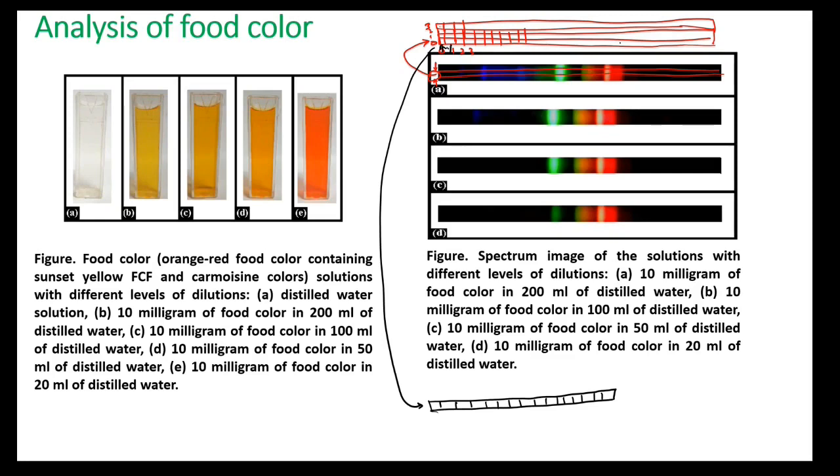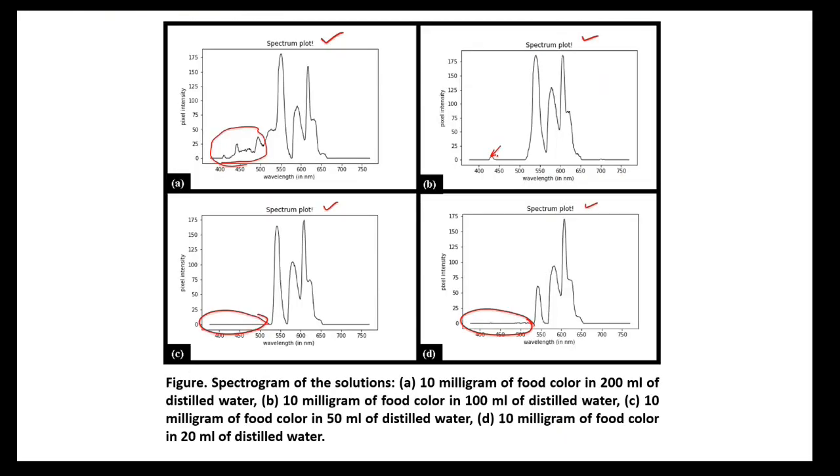We get that by averaging these 4 pixel values. So whatever the intensity value you get, you do the averaging, and for the 0th position, whatever the average value is, you put it over here.